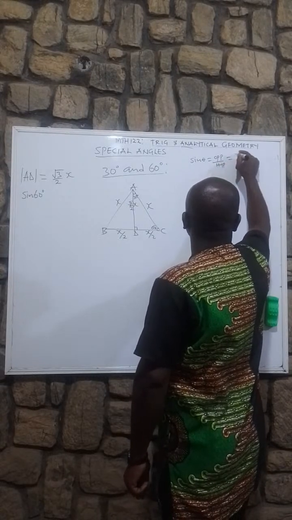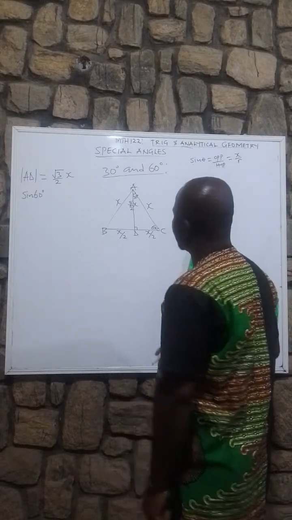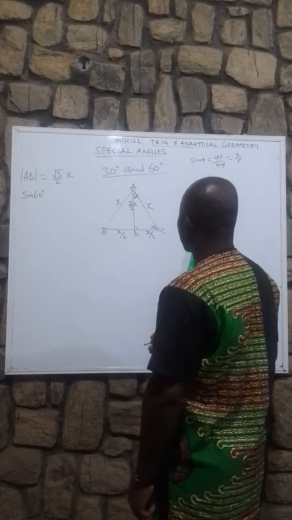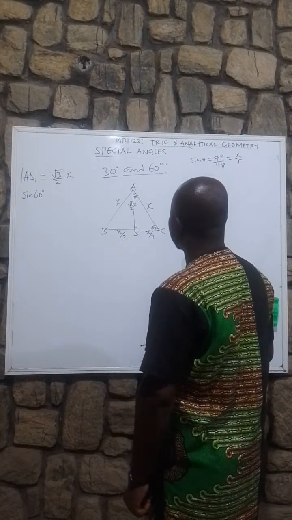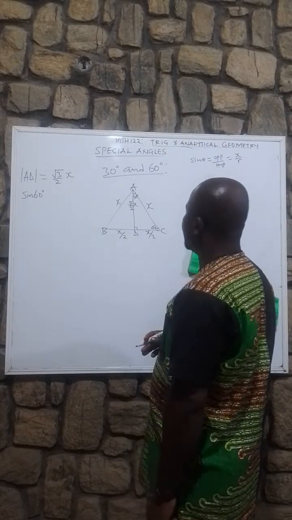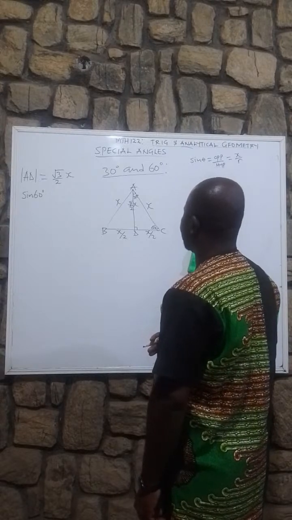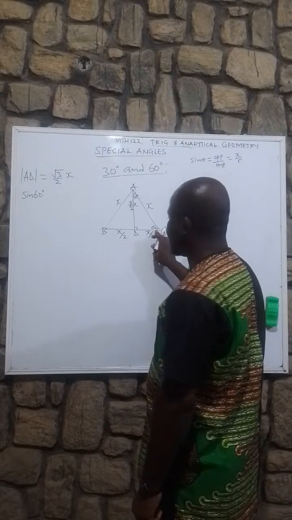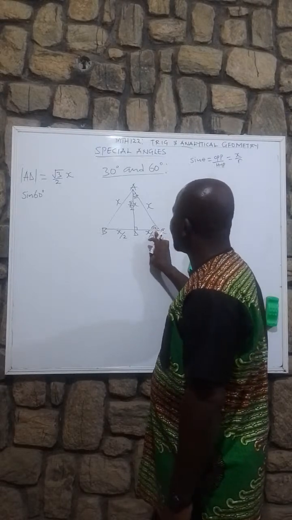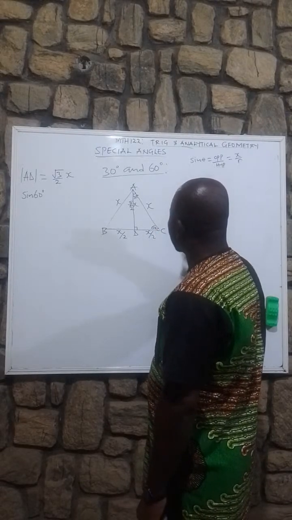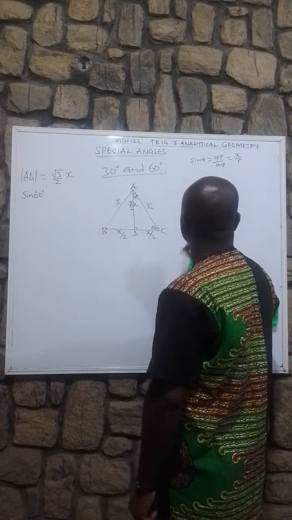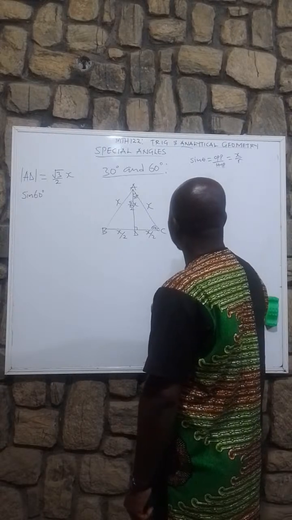Which is equal to y all over r, right? Okay, so sine 60 degree, this is sine 60 degree. So y all over what? R, right?